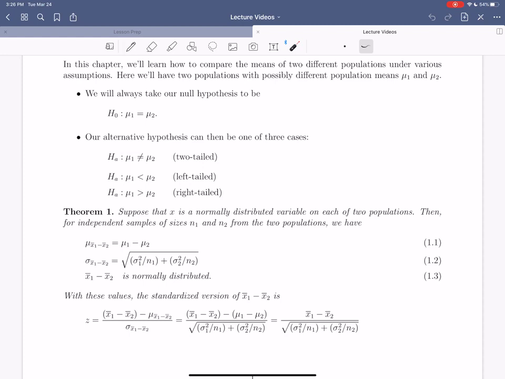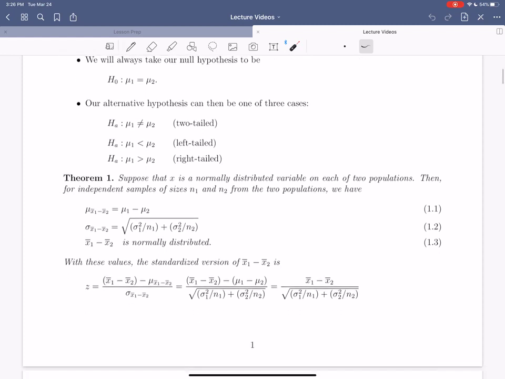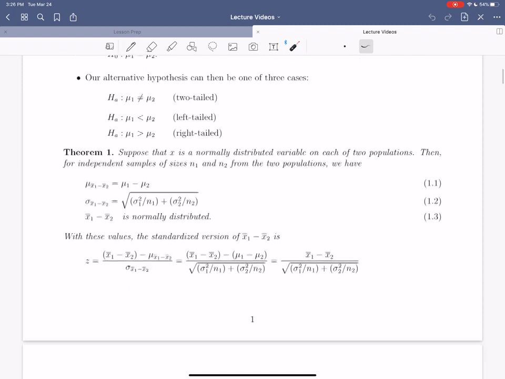So what we're going to do is assume that x is a normally distributed variable on one of two populations, n1 and n2. Remember, n stands for the sample size. So this is the sample size of the first sample and the sample size of the second sample, okay, from the two populations. Mu1 and mu2 are the means of the populations, population 1 and population 2.